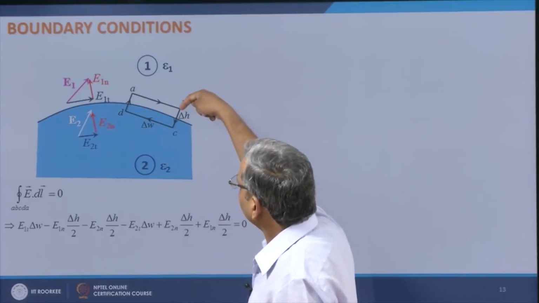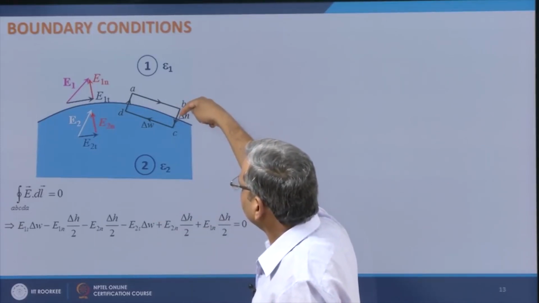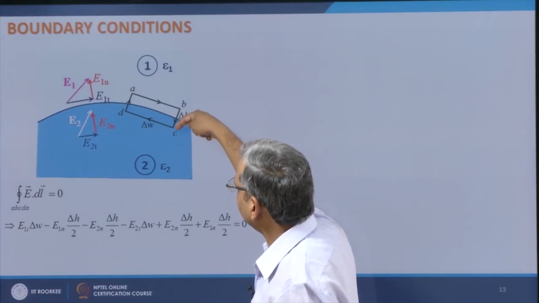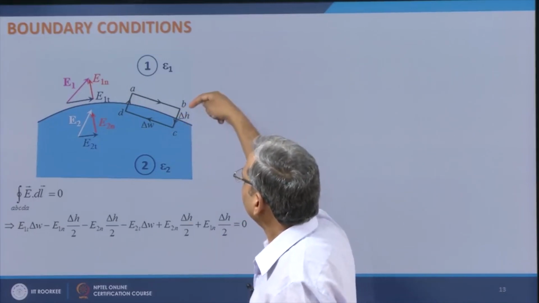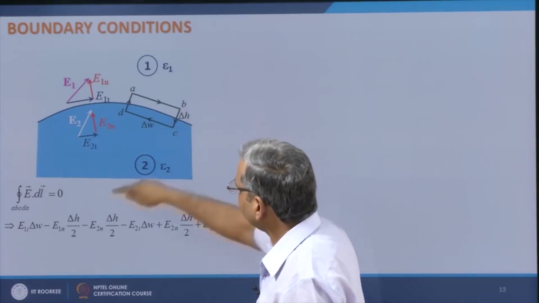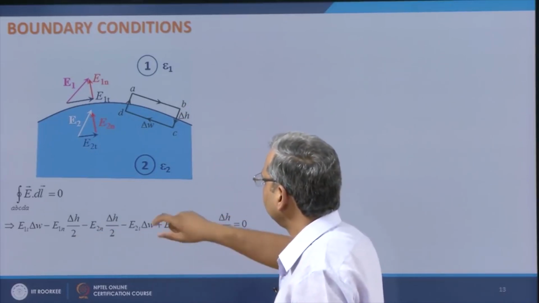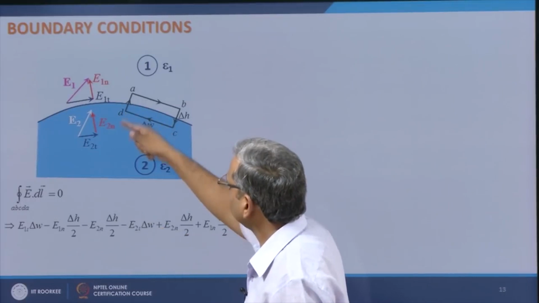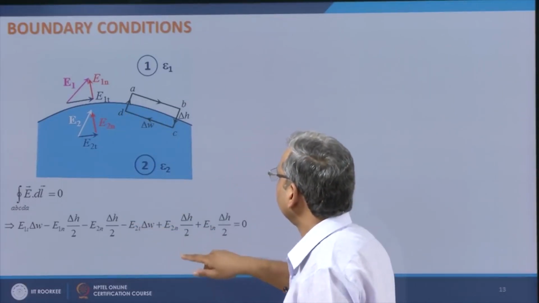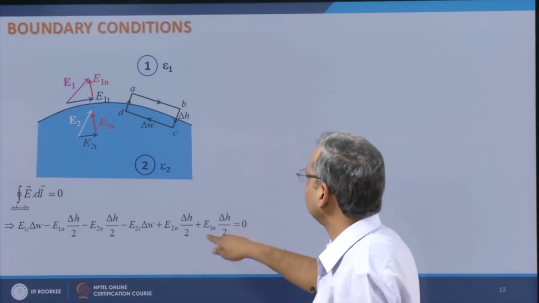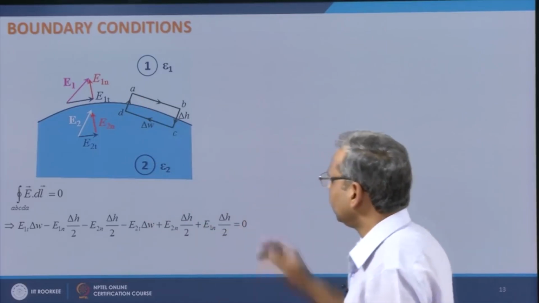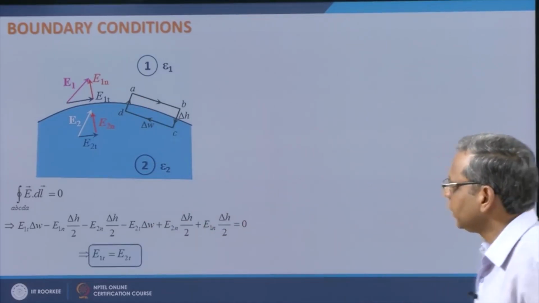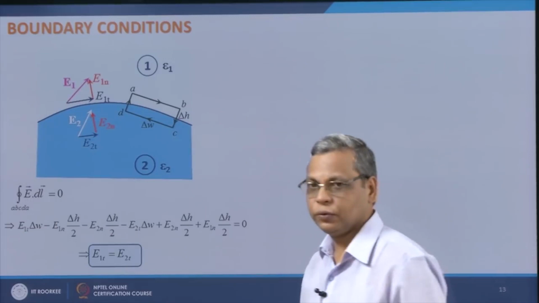Then from here to here, let us say it is delta H by 2 here, delta H by 2 here. So, E1 normal component times delta H by 2, then minus E2n delta H by 2, E2t delta W, E2n delta H by 2, E1n delta H by 2. So, if I do this, I find that E1t should be equal to E2t.